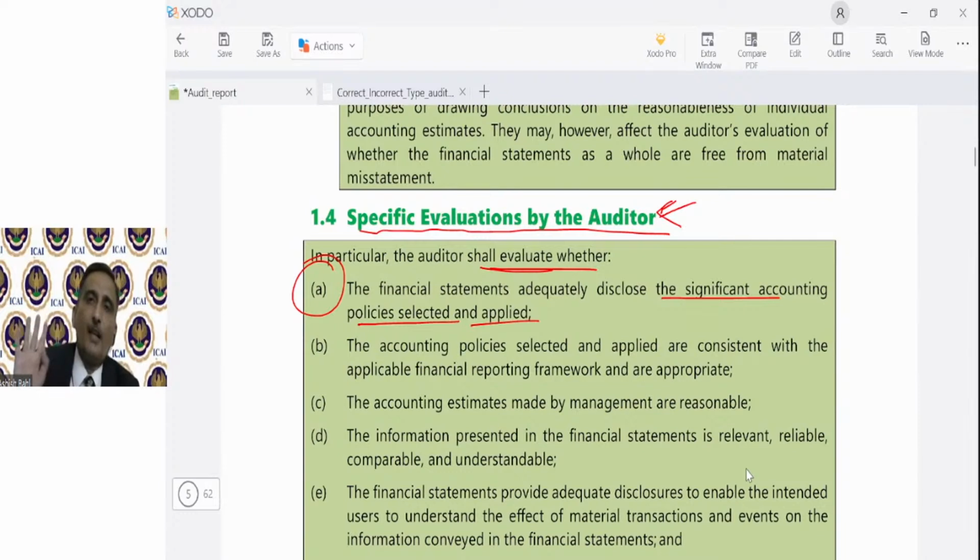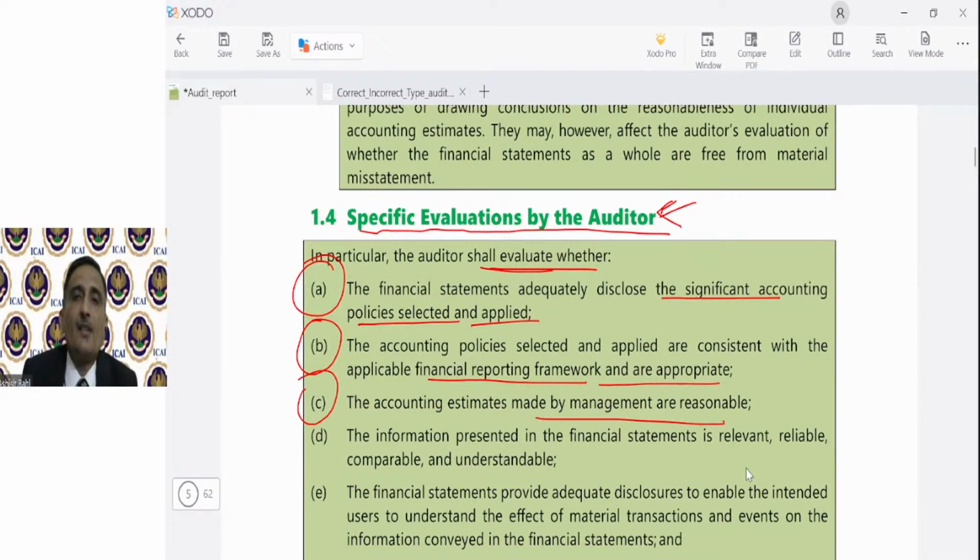Now this thing is very important. The management has chosen accounting policies in respect of various aspects. So whether the financial statements which are given to the auditor for audit disclose significant accounting policies, okay, and whether significant accounting policies disclosed are consistent with the applicable financial reporting framework and are appropriate, and whether the accounting estimates are reasonable.